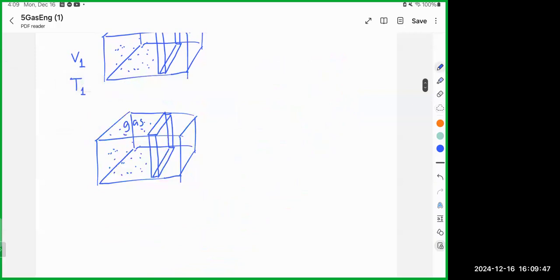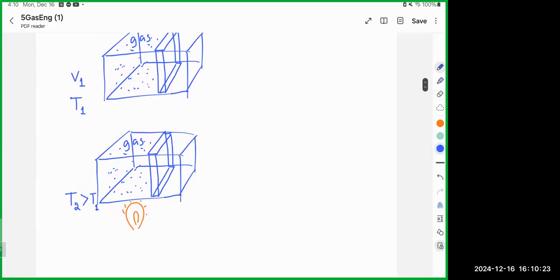For example, you just put fire on it. You burn it outside, not inside. When you burn it, the temperature T2 must be larger than T1 because you put a lot of heat into the system.